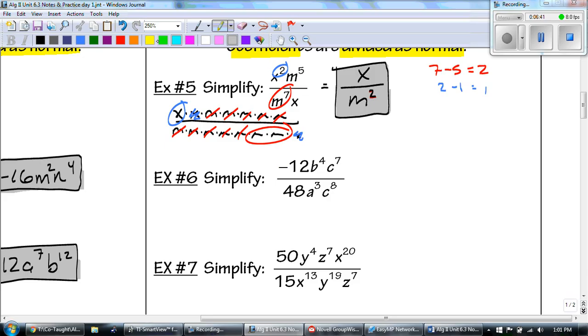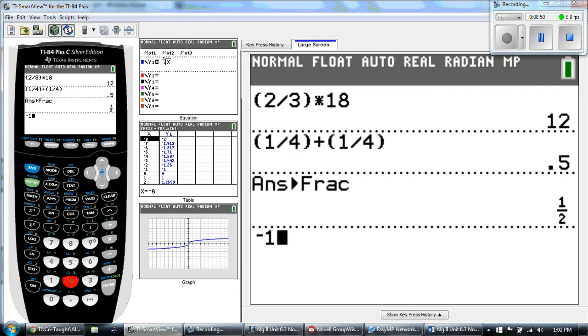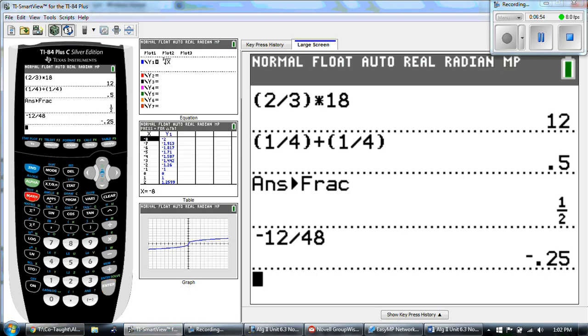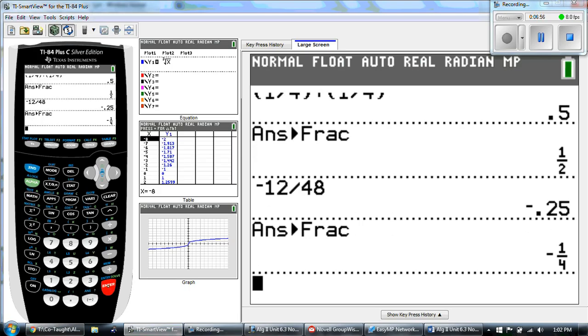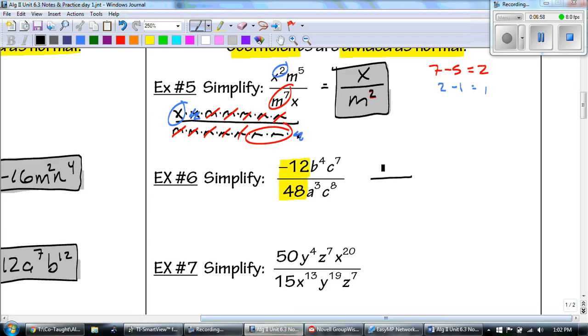Now, for number 6, I like to deal with the coefficients first. So if you don't know that in your head, you just divide it out. Negative 12 divided by 48, I get a fraction. I do math, enter, enter to get negative 1/4.